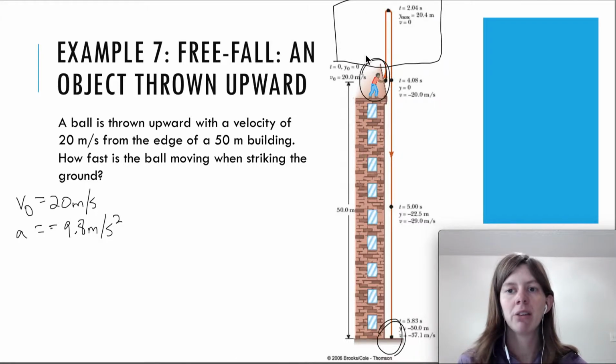That's just extra information. All we care about is the release point and the point at which it hits the ground. So this is what makes the problem easier in this case, because we can actually use this 50-meter height of the building here. That's going to be the displacement. The ball starts here and ends here.